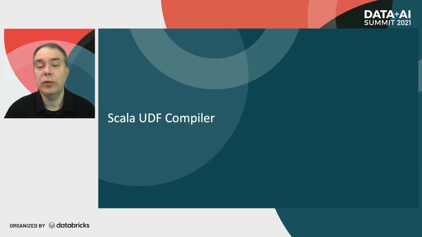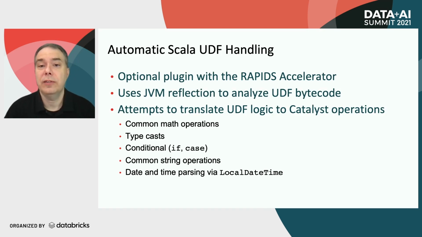So what are some solutions to this UDF opaque function problem? One of them is the Scala UDF Compiler. This is an automatic solution that can automatically translate some simple Scala UDFs into equivalent Catalyst. If you think about what the RAPIDS Accelerator is, it's a Catalyst plan to GPU translator.